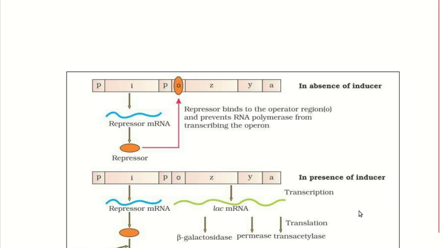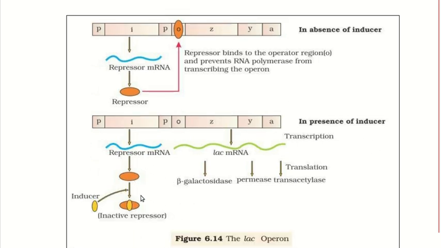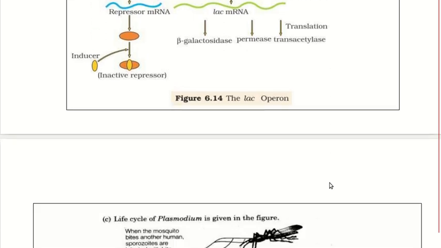Whereas in the presence of inducer, that is lactose, the repressor protein binds with lactose and becomes inactive. So the operator region is now active, and this activates the lac Z, lac Y, lac A genes to undergo transcription, and they produce 3 types of enzymes: beta galactosidase, permease, transacetylase by the translation process.